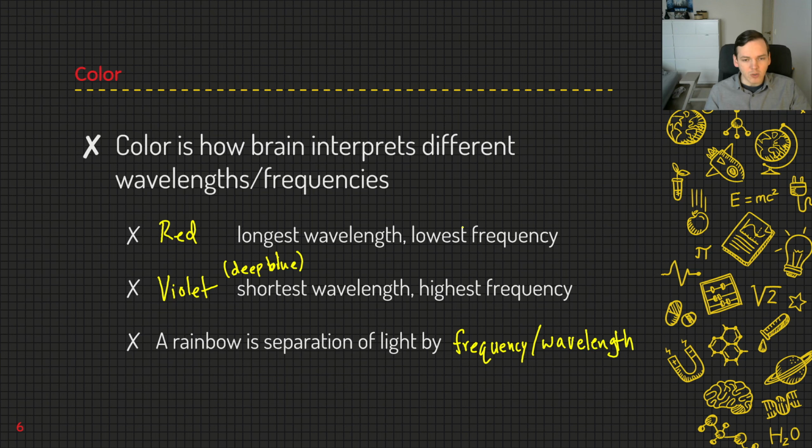Any color that you don't see in a rainbow does not exist as a single frequency of light. And what that means we'll get into in this next slide. But in some sense, the rainbow is all of the quote-unquote real colors, meaning colors that you can create as a single type of light.